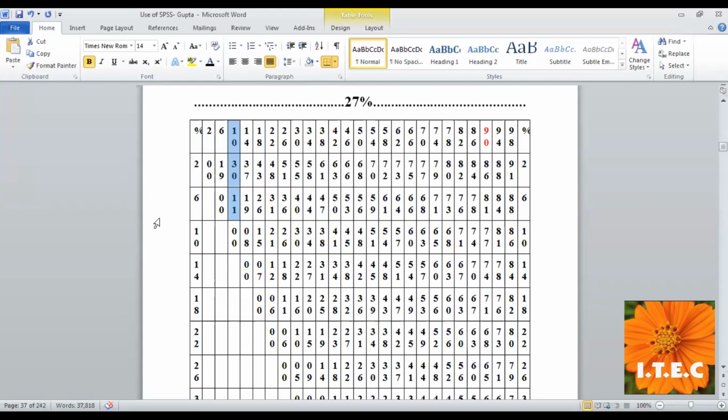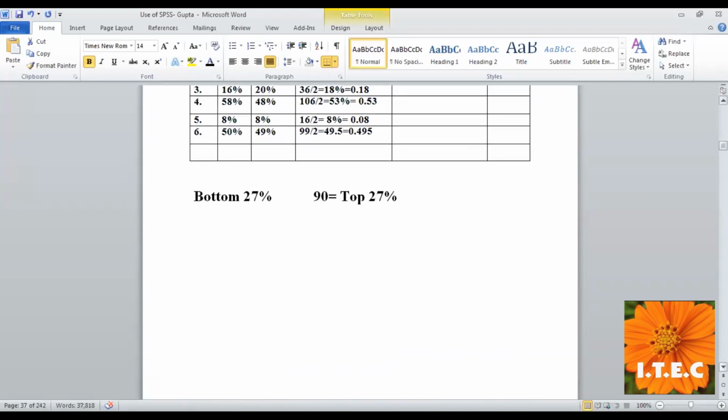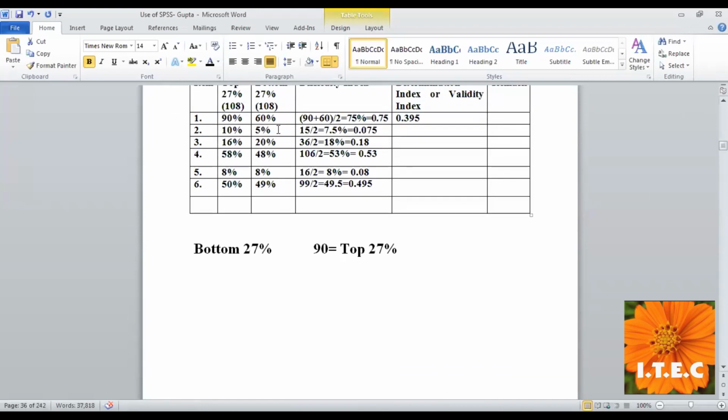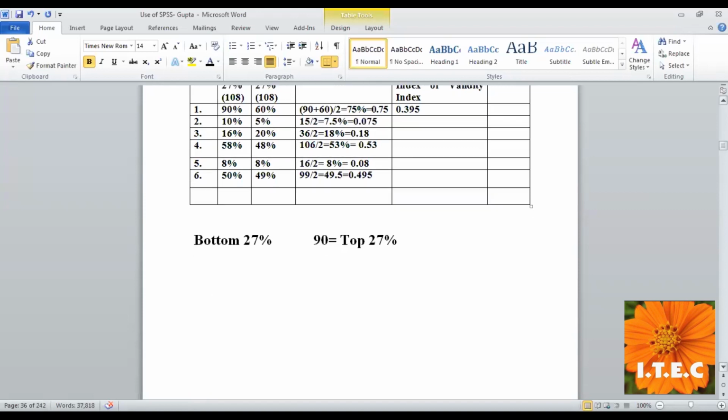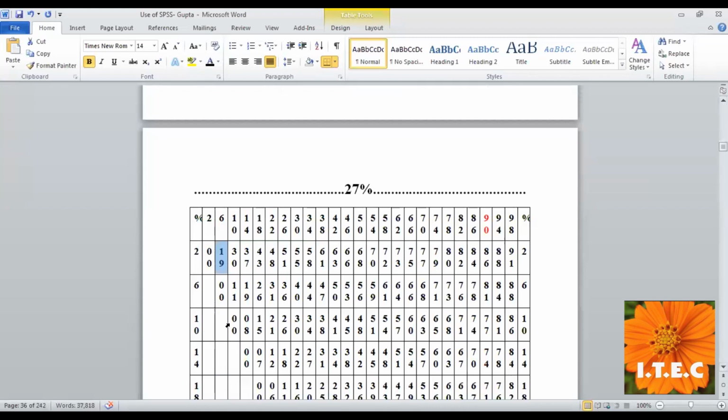So now I have to find out that top 10 and then bottom is 5. So top 10 and bottom is 5. So I have to find out. So you can see the values here.